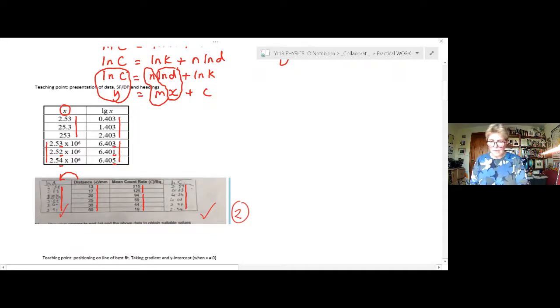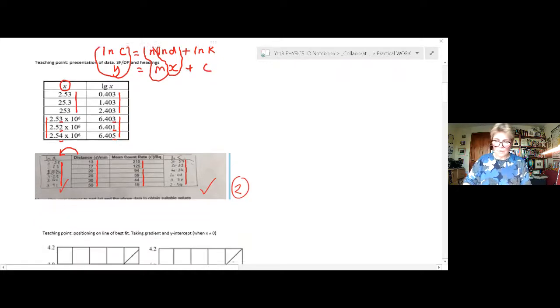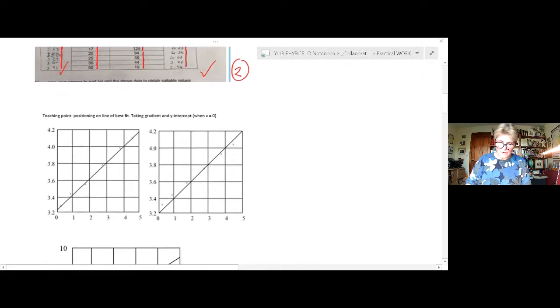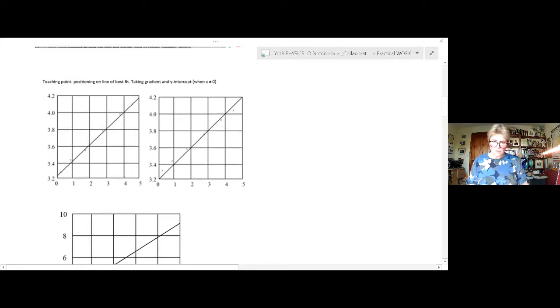So they made them all the same. That's fine. But if you did do 3 decimal places, that would still be fine, but it's probably better to do it all the way down. Just be consistent row by row. Okay, all right. Now have a look at these 2 graphs.